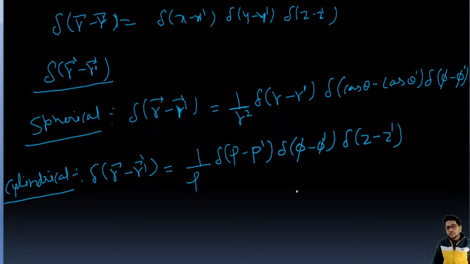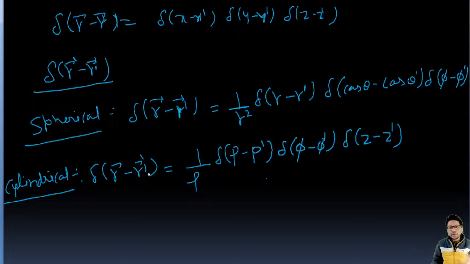So this is delta(r minus r dash) in cylindrical coordinates, and the previous one is in spherical coordinates. This is also important, guys.